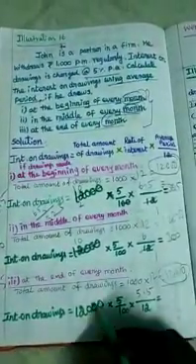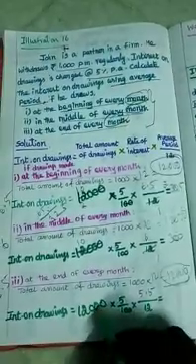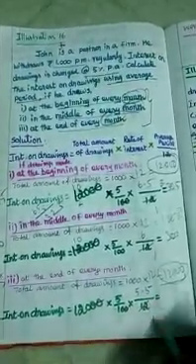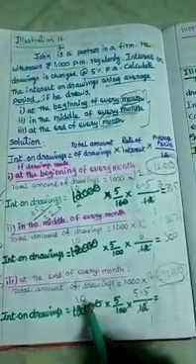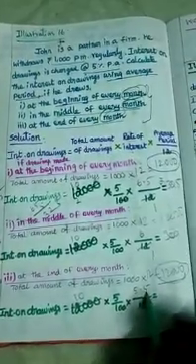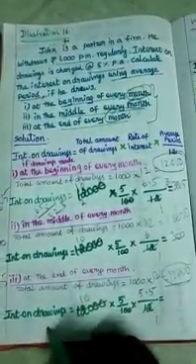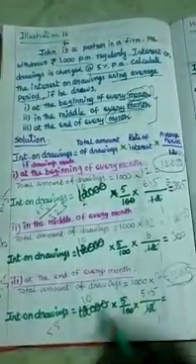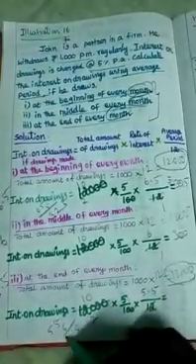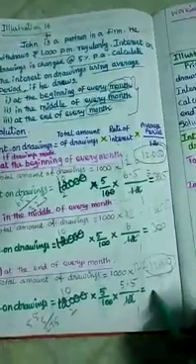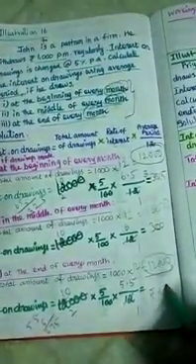Now we cancel it: 12 times 10 is 120. Now we multiply 5.5 into 10, we got the value as 55. Now 55 into 5: 5 fives are 25, and 275. So you got the amount rupees 275.